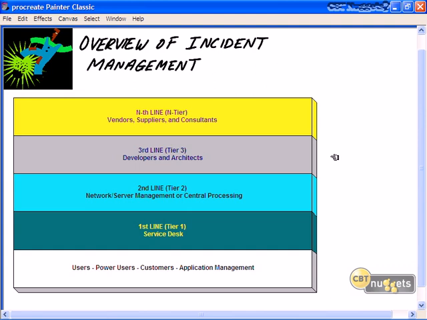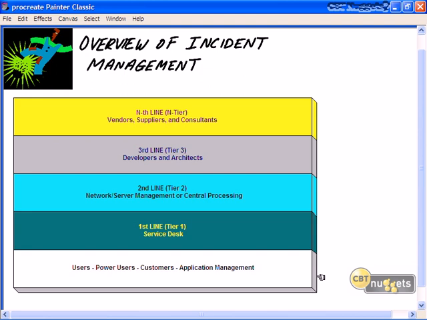This next diagram gives you a sample of incident management, and I've done this as a vertical process from the bottom up, but this can be a horizontal or a vertical process, and we'll talk about the differences as it relates to escalation of incidents in a moment.